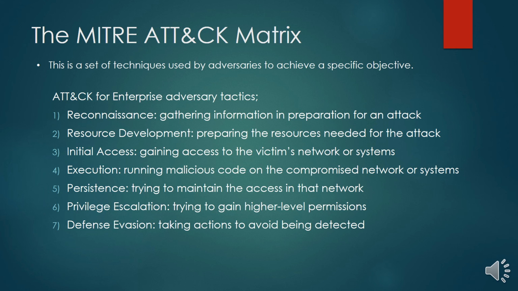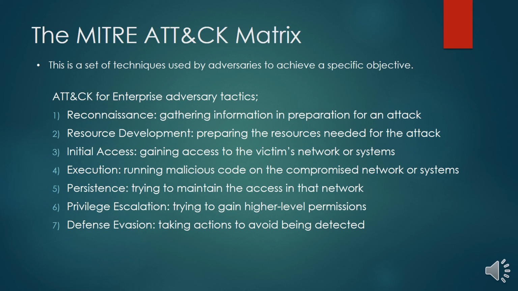Then there is initial access, gaining access to the victim's network or systems through maybe spear phishing or hardware additions. Someone can use a flash drive with malicious software on it. That's initial access.